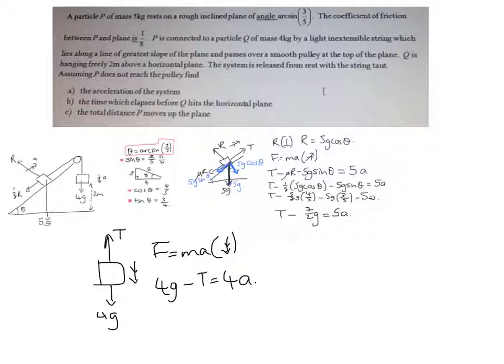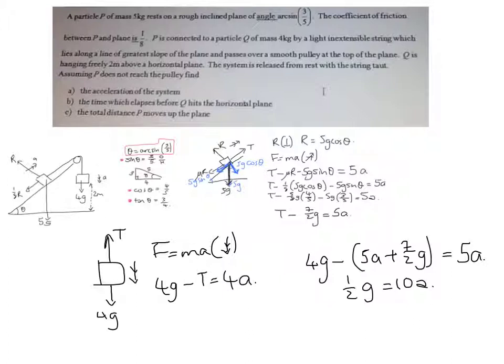So if we combine these two pieces of information, this one and this one, that gives us 4g minus T, which is 5a plus 7 over 2g, equals 5a. And if we solve that, we get half a g equals 10a.